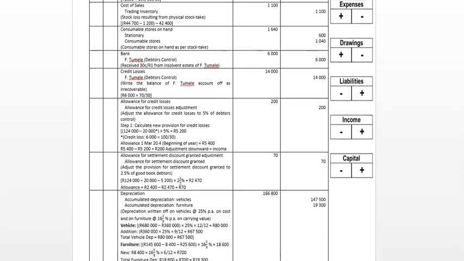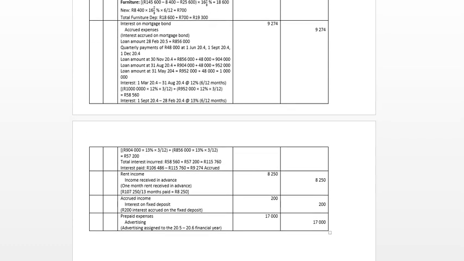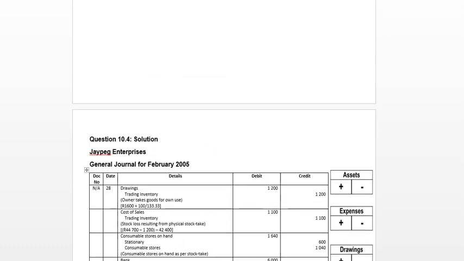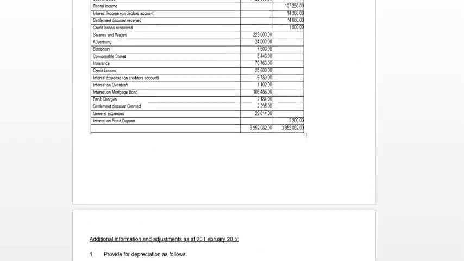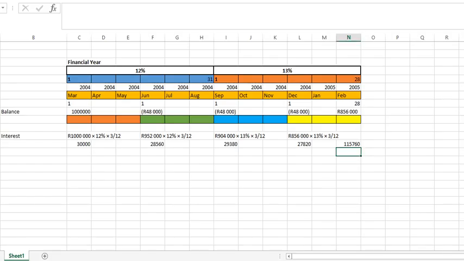In actual fact, what did we pay? We go to our expenses, our interest expense, interest on mortgage loan, and we only paid 106,486.